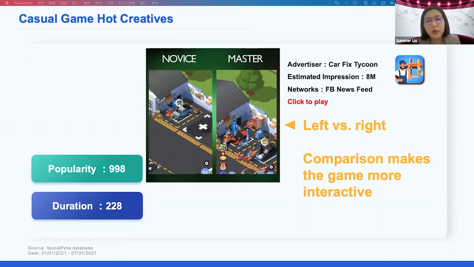The duration is 228 days, which is quite a long time. This kind of comparison gives viewers the desire to take a try, because people will always think that they are the masters, not the amateurs. And let's take a look at the next one.